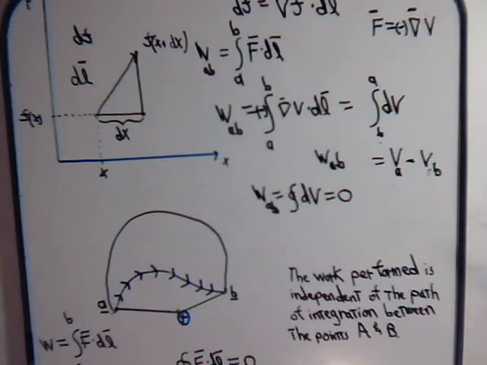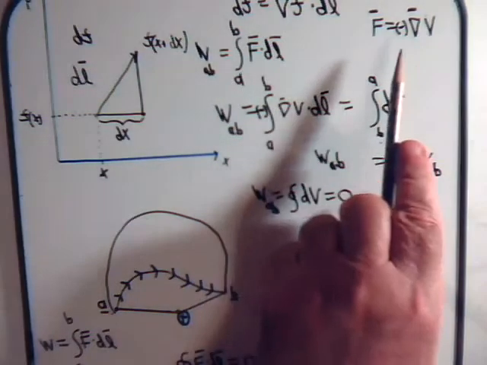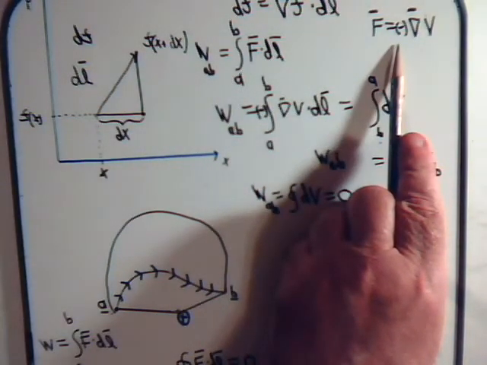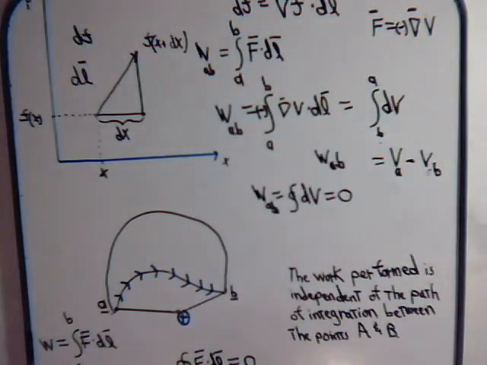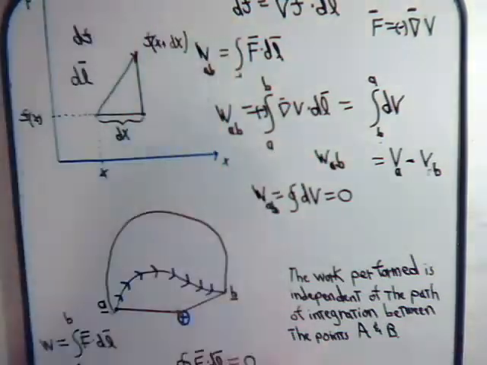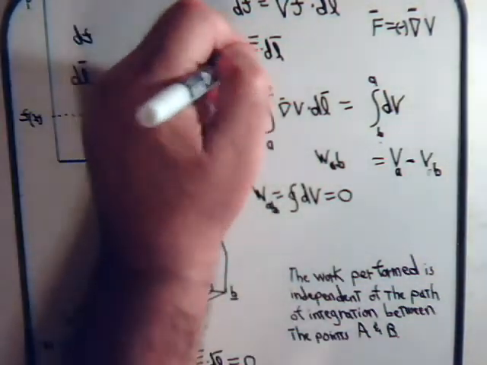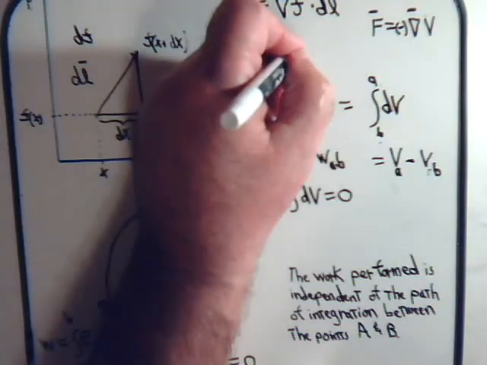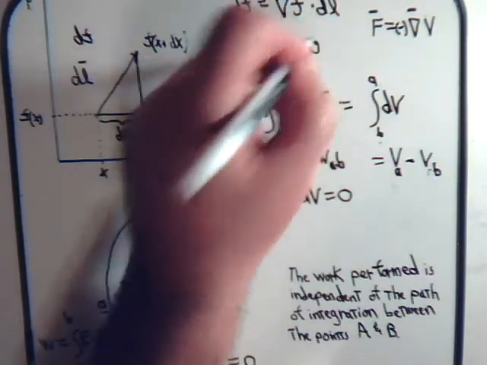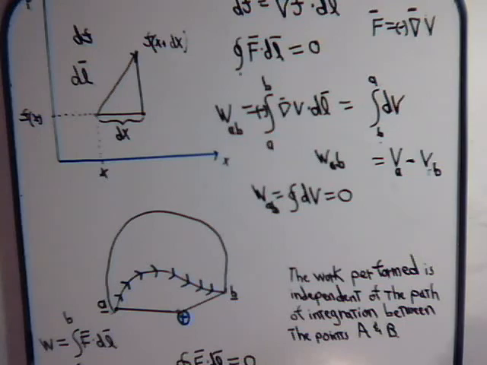And there's a name for that scalar quantity. It's called the potential. So we see that when F is this, then F dot dl, let's express it more generally, is 0.